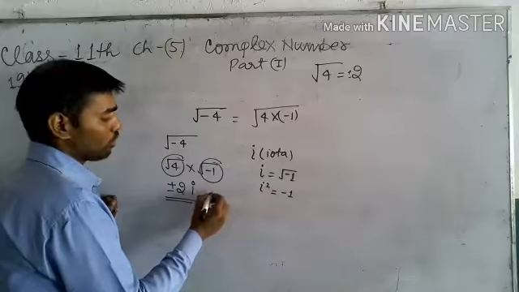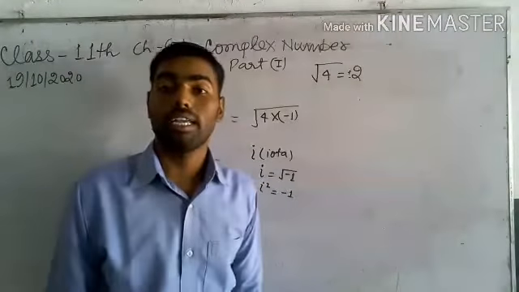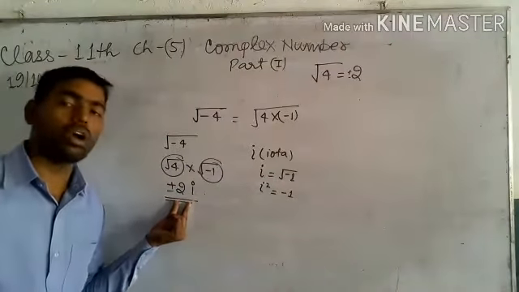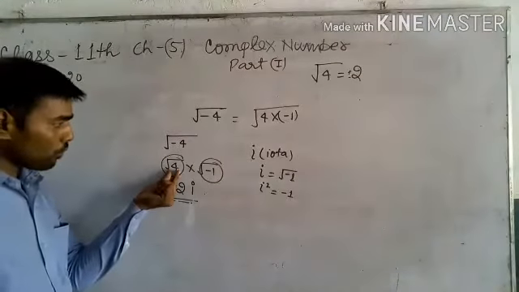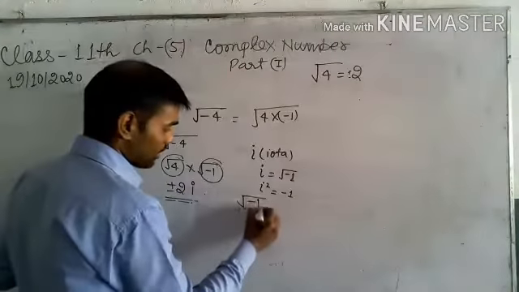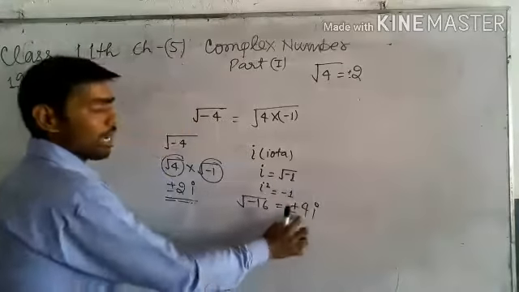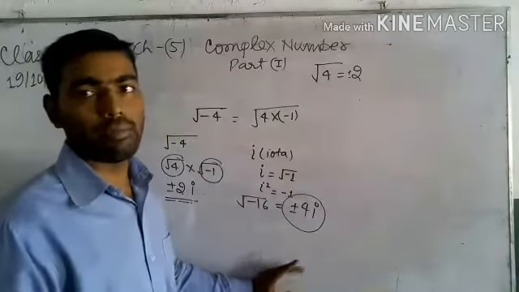So there are two values, plus 2i and minus 2i, and these numbers are imaginary numbers because there is the term i. This is not a real number. Similarly, root of minus 16 is equal to plus minus 4i. This is an imaginary number.